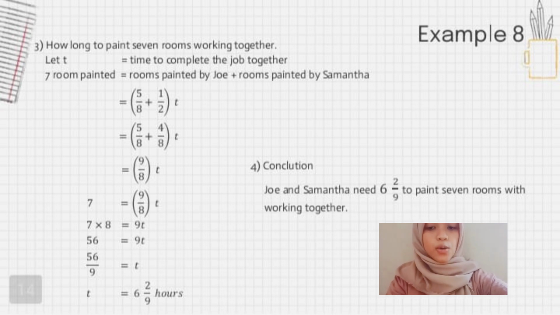The conclusion is Joe and Samantha need 6 2 per 9 hours to paint 7 rooms working together.